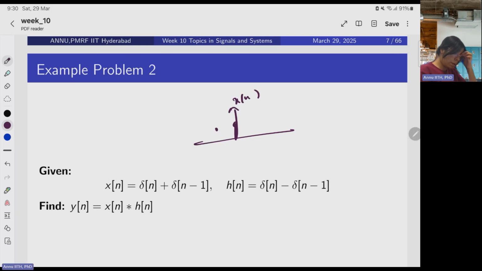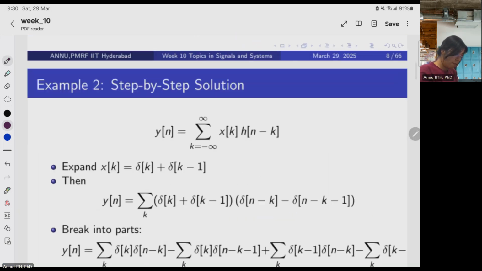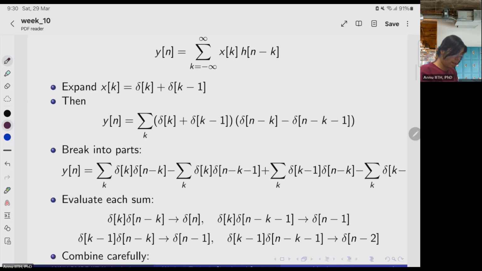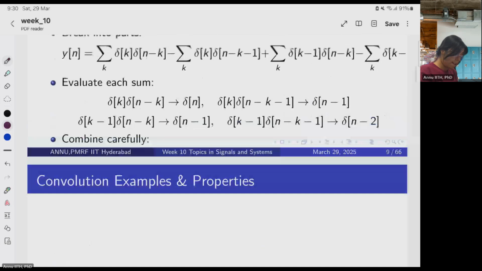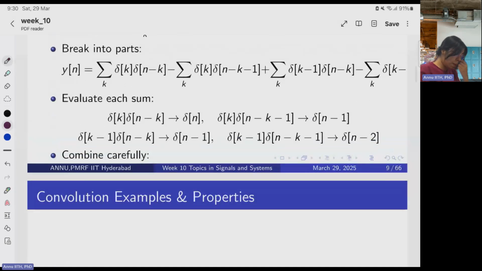So you have this output. Whereas h[n] is delta[n] minus delta[n minus 1]; this is minus 1, this is 0, and this is 0. You simply have to follow the steps and combine them, evaluating the sum. So the sum is this one, plus.